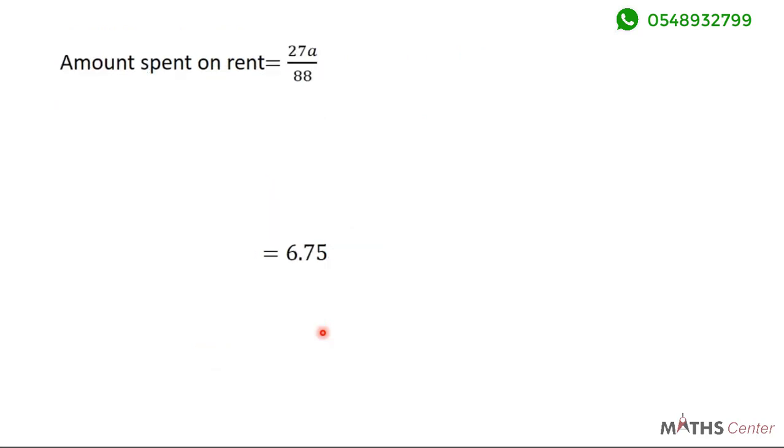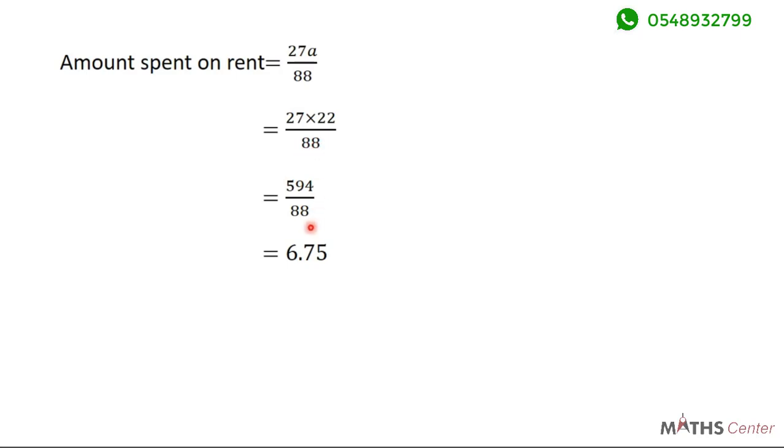The question told us to find the amount of money he spent on rent. The amount of money he spent on rent is 27a over 88. We have found a to be 22, so we replace a with 22. So we have 27 times 22 divided by 88. 27 times 22 will give us 594.